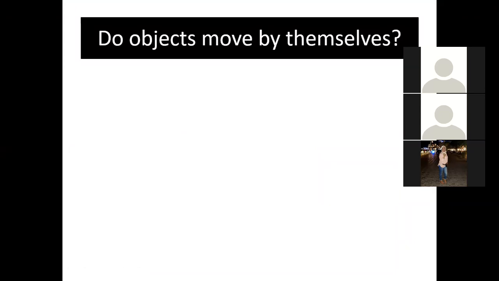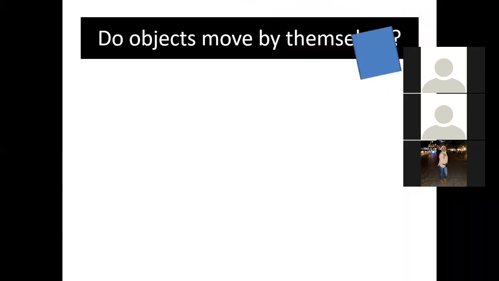So I said before that objects cannot move by themselves, right? And this is logic. If you have a copybook on your desk, or a laptop, or a mobile, or your bag on the floor, as long as no one touches it, or anything applies a force to it, it will never move.